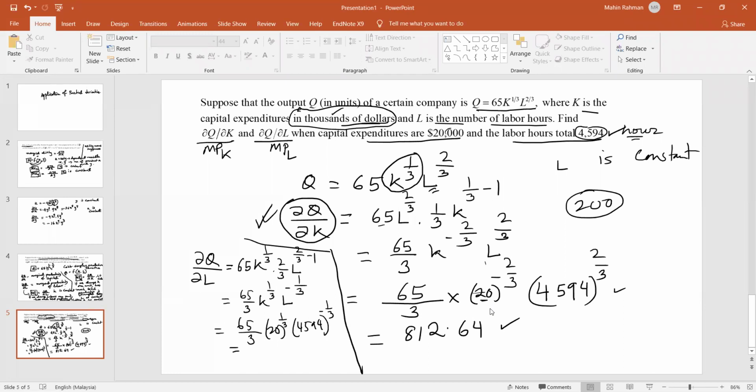Okay, now what is the answer? Just now somebody asked me about 65 by 3. There is a 1 by 2, right? 2 multiplied. I'm sorry, I made a mistake here. So it will be 130 divided by 3, then 20 to the power 1 by 3, then 4594 to the power minus 1 by 3.